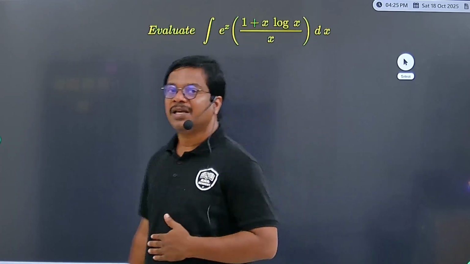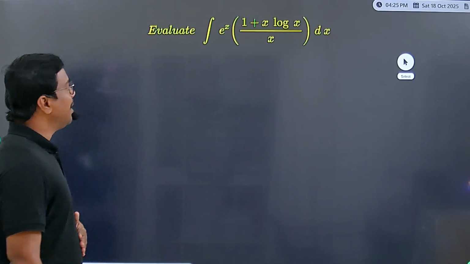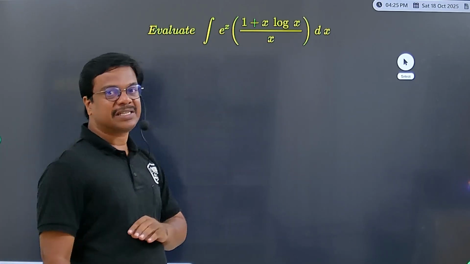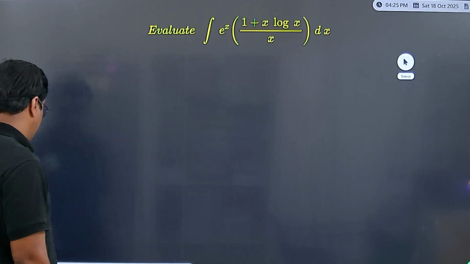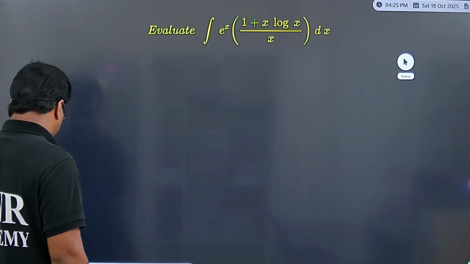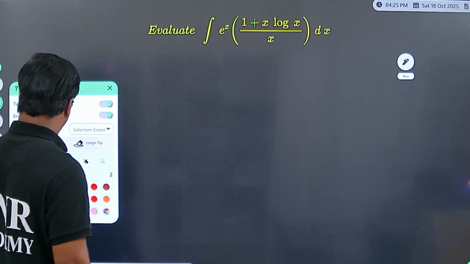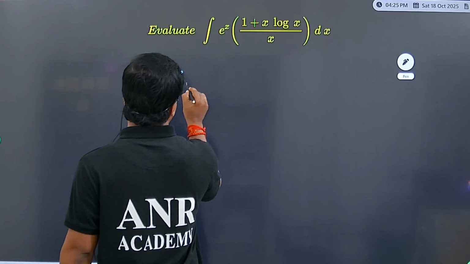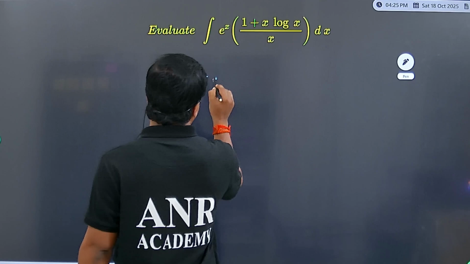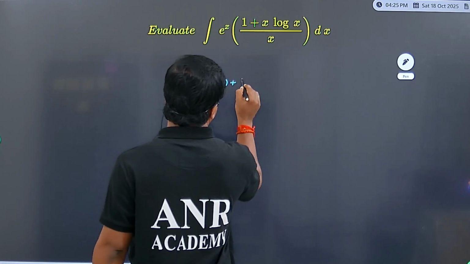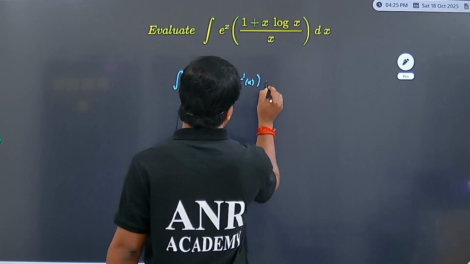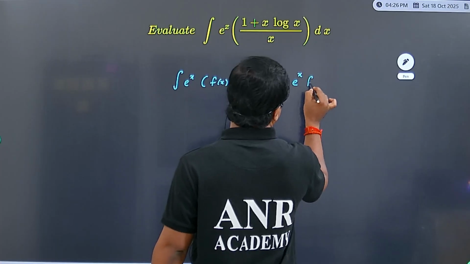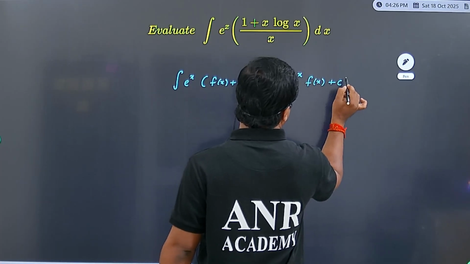See this first question. Evaluate integral e power x into 1 plus x log x whole divided by x dx. Here the application is: integral e power x into f of x plus f dash of x dx can be written as e power x into f of x plus c.